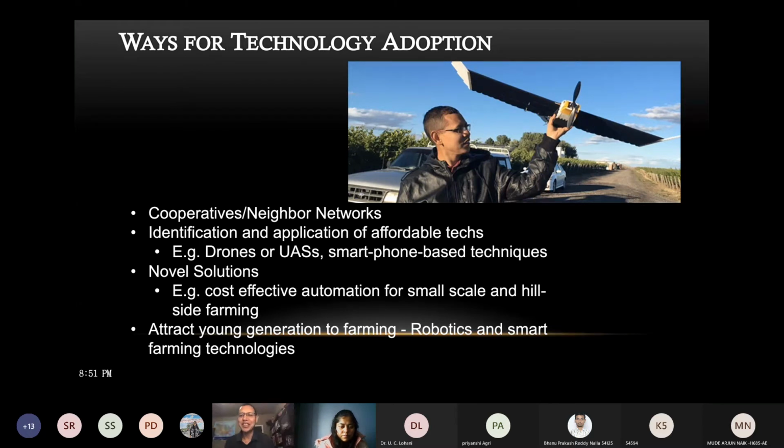Most of the young kids would like to go to other industries, such as computer science, engineering, or medicine, and do business or profession, or create industries in those kinds of sectors, not in agriculture. And I think with robotics and automated systems, we have at least some motivation to bring the young generation into farming.